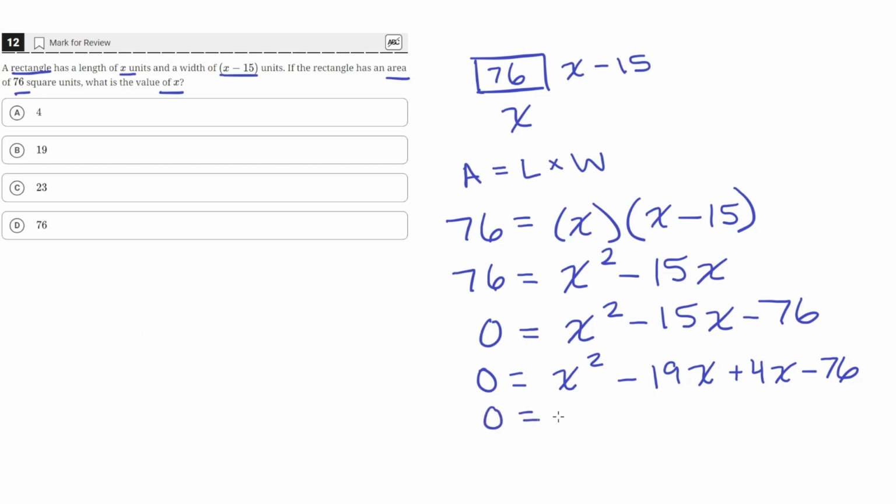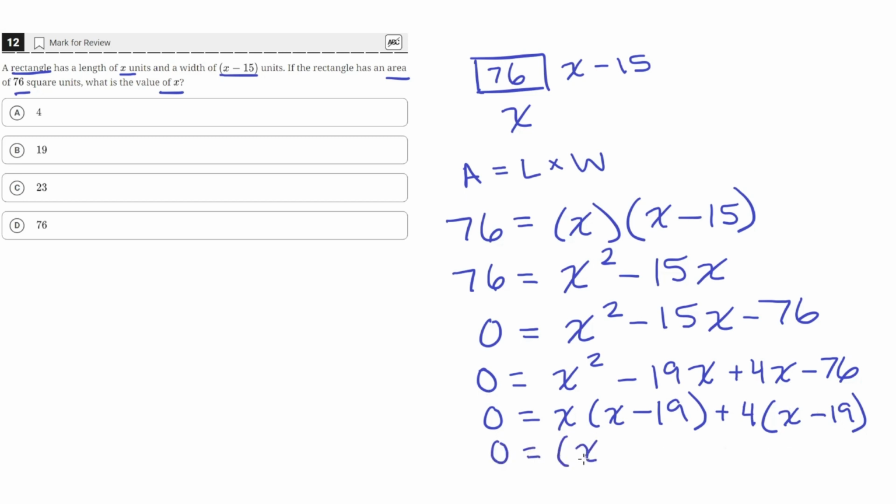So we can just take an x common out from these two terms, so x times x minus 19. And then from these two terms, we can factor out a 4, so 4 times x minus 19. And then we see that x minus 19, that quantity is common to both these terms, so we can factor that out as well.